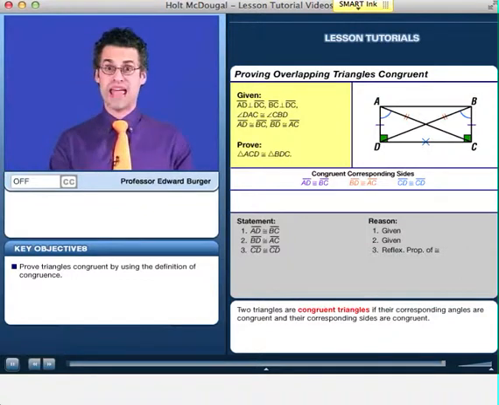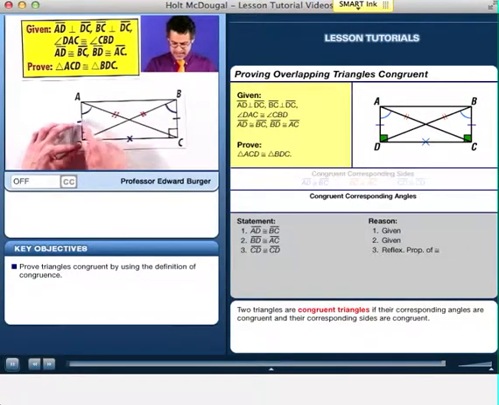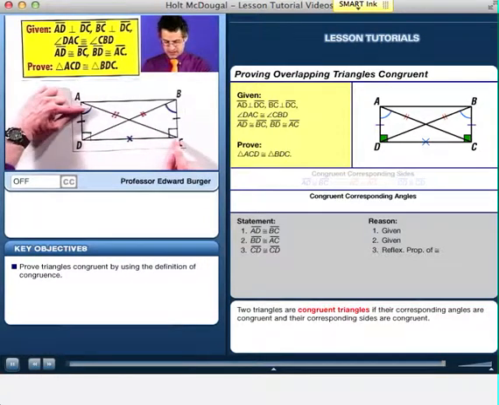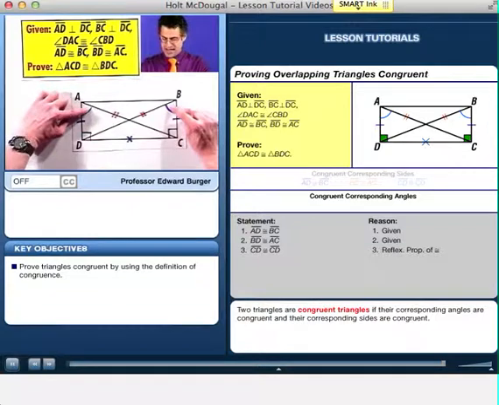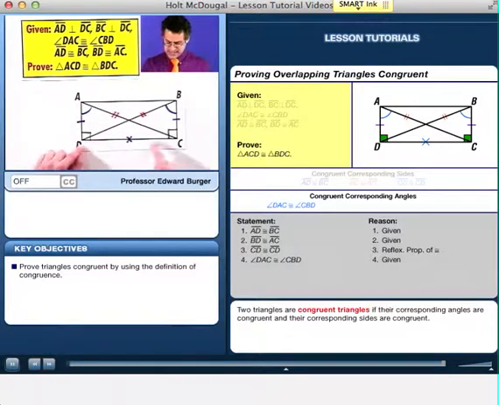Great. What about the angles? Well, we know that angle DAC, that blue angle, is congruent to angle CBD. So these two angles of the triangles are known to be congruent, so that's great. And we also know that ADC and BCD are right angles, and all right angles are congruent because they all measure 90 degrees.